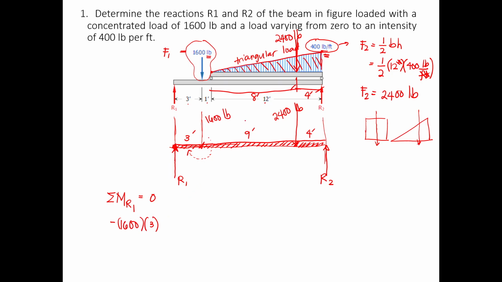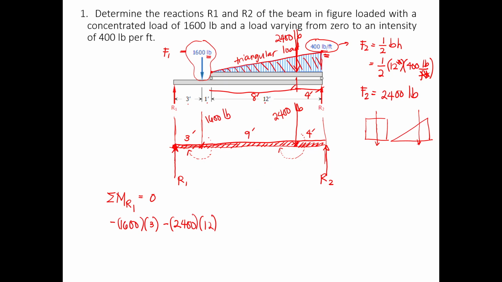Next is 12. The distance is 12 going towards the 2400 pound force coming from R1. This will again create a clockwise rotation, so that's negative again: 2400 times 12.